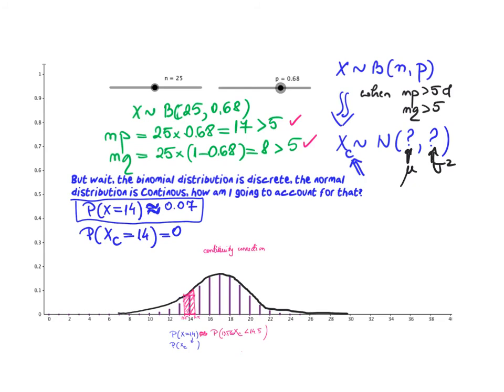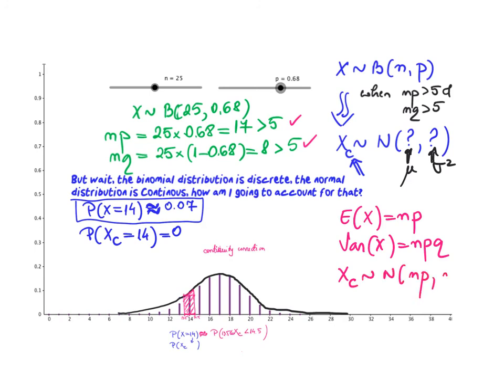So we know that the mean of the binomial is np, and the variance of the binomial is npq. This means that these should be the parameters for the continuous one. So we have the continuous one as being normally distributed with mean np and variance npq.